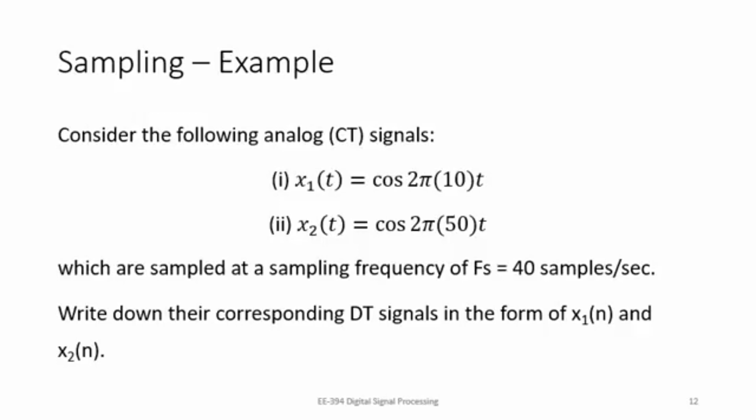And what we are going to do is sample both of these signals with a sampling frequency of 40 samples per second. The example asks us to write down their corresponding discrete time signal expressions in the form of x1(n) and x2(n). So let us do it one by one, and then we will move on to the observations.